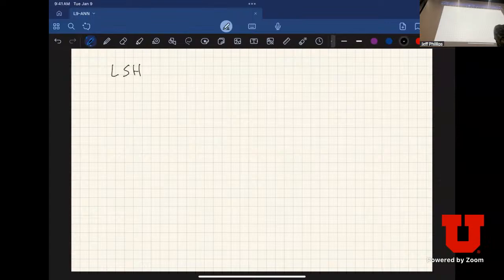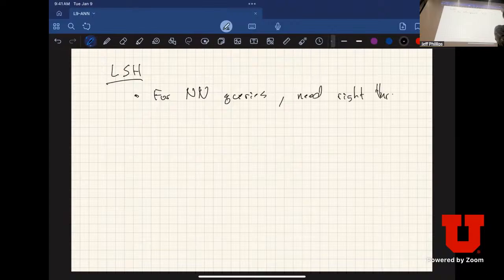this LSH, to talk about the runtime here. First of all, for the nearest neighbor queries, I need to pick the right threshold that has roughly one nearest neighbor, or a small number of nearest neighbors.